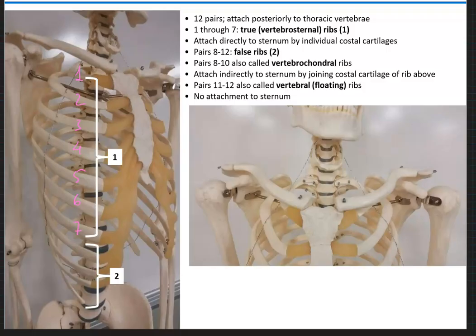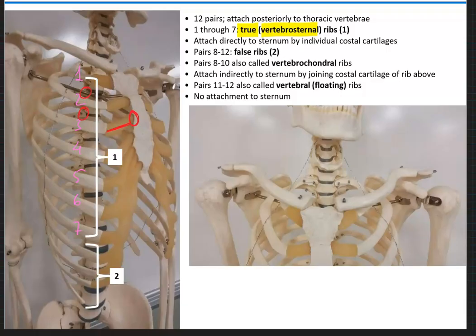These ribs are called true or vertebrosternal. Why vertebrosternal? Because your ribs articulate with the sternum through the costal cartilage and with the spinal column. So vertebrosternal.